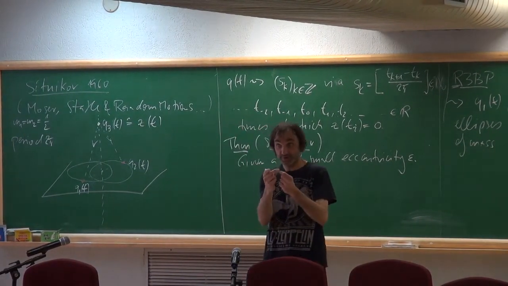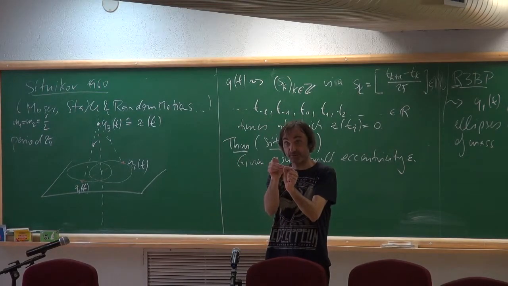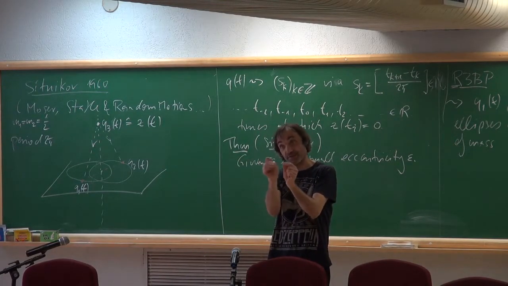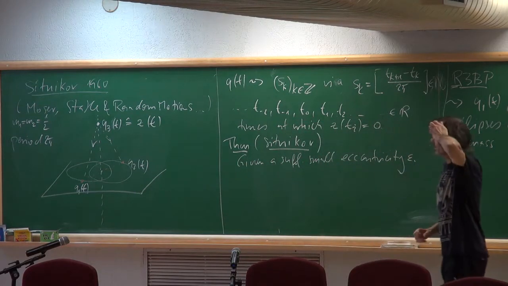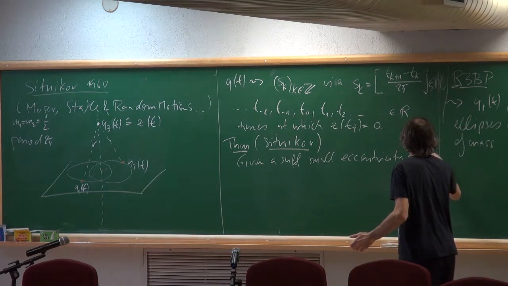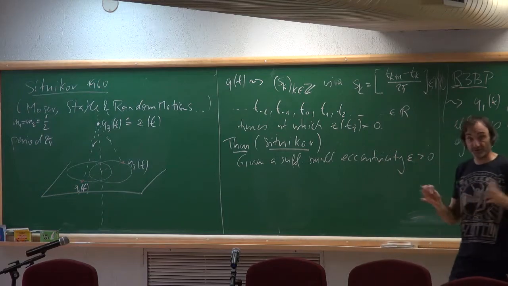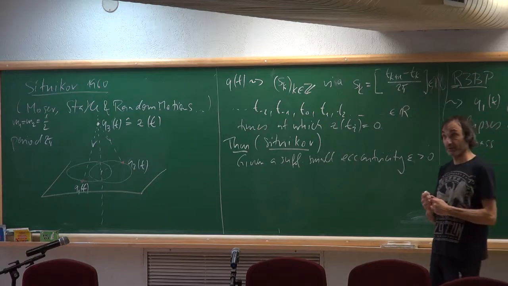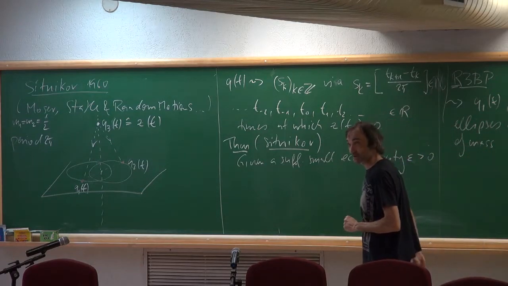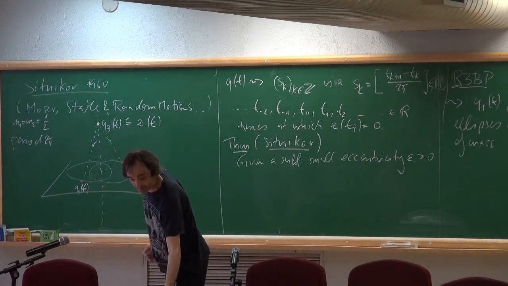Eccentricity is the distance between the center of the ellipse and the focal point. It must be small but positive, so it's not a round circle. Eccentricity 0 wouldn't work, so it must be non-zero but positive.